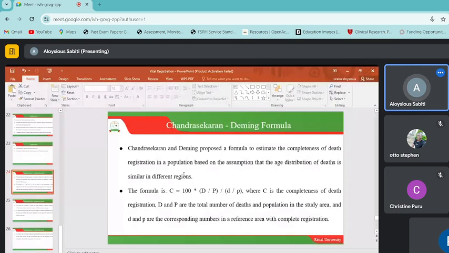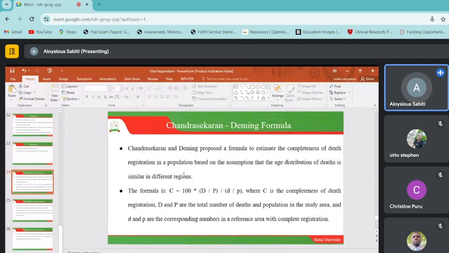So when you're looking at what we normally refer to as the C and D formula, the formula is that C equals 100 times D over P, divided by D over P. And when we are referring to C, it means we are looking at the completeness of death registration.